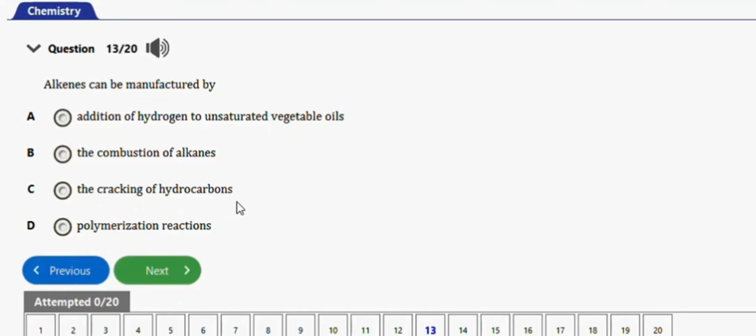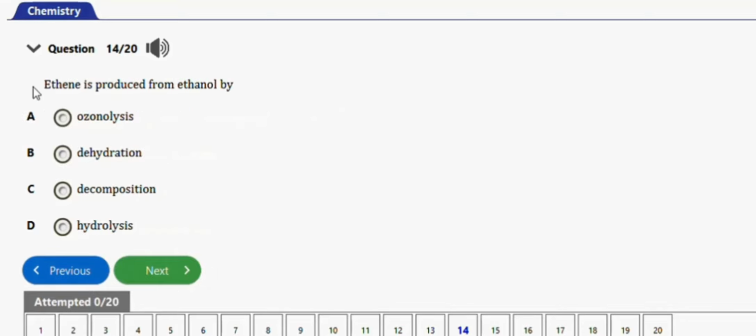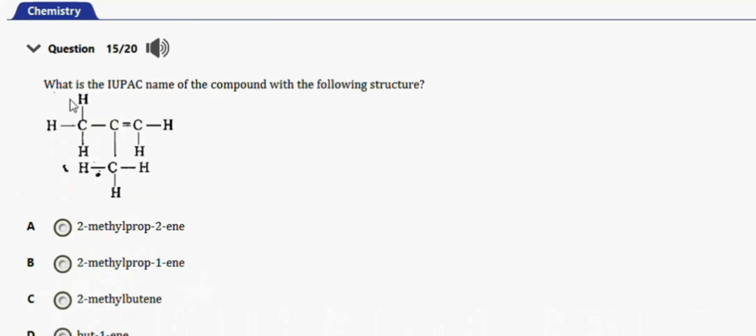The next repeated question says, ethene is produced from ethanol by ozonolysis, dehydration, decomposition, hydrolysis. So it's by dehydration, option B. The next question says, what is the IUPAC name of the compound with the following structure?